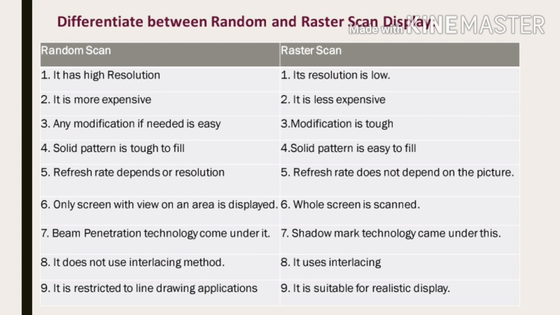Beam penetration technology comes under random scan and raster scan uses shadow masking technology. Random scan does not use the interlacing method, means it doesn't scan the whole area, but a raster scan uses interlacing as it scans the whole area to display the picture on the screen. So a random scan is restricted to line drawing applications only, but raster scan is suitable for realistic display.